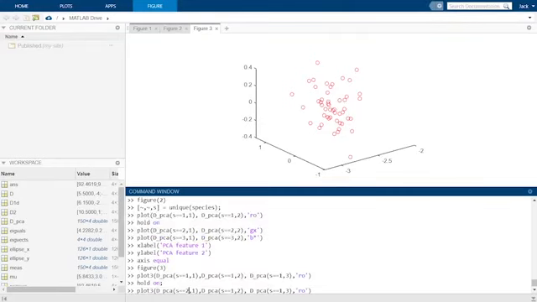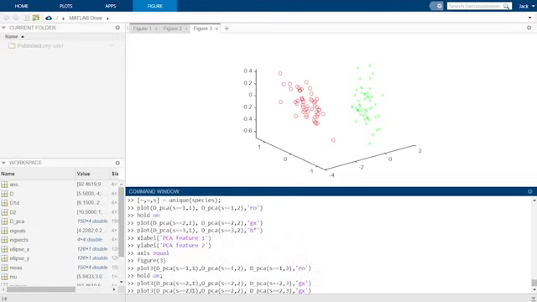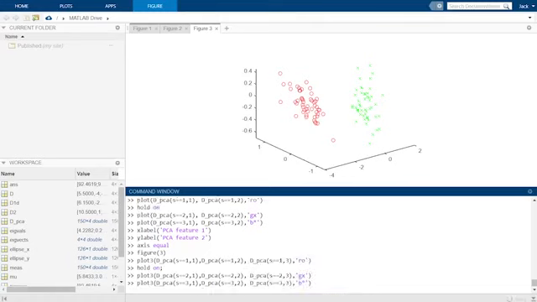And similarly for the second species, with green X's, and third species with blue asterisks.